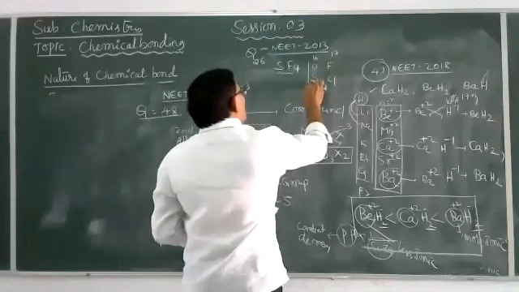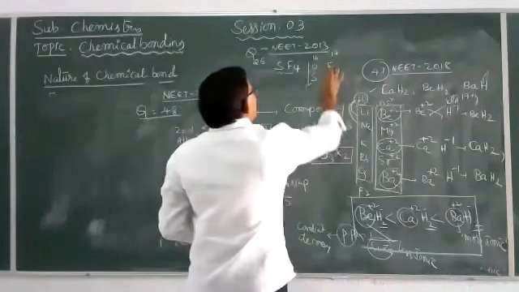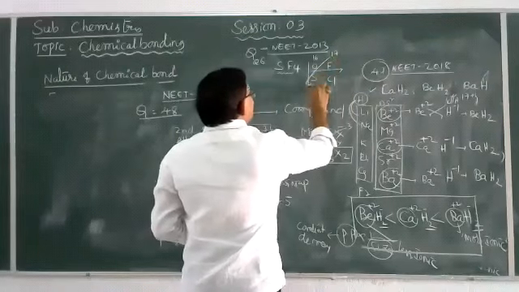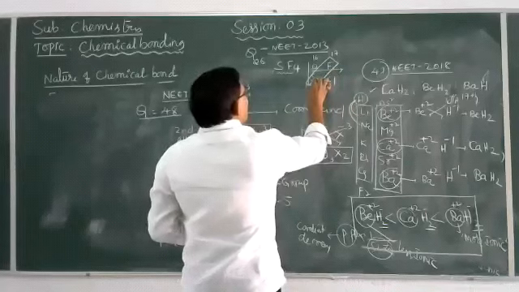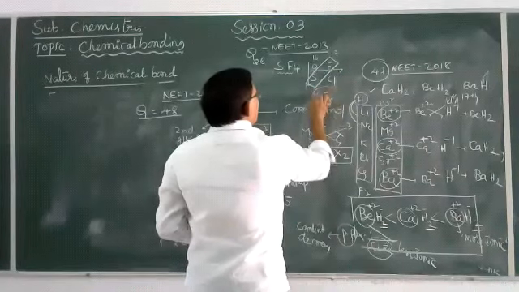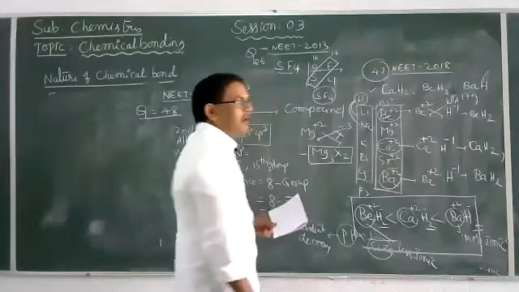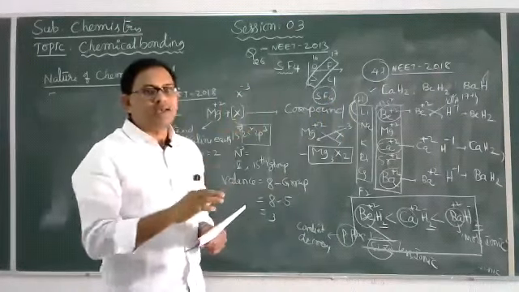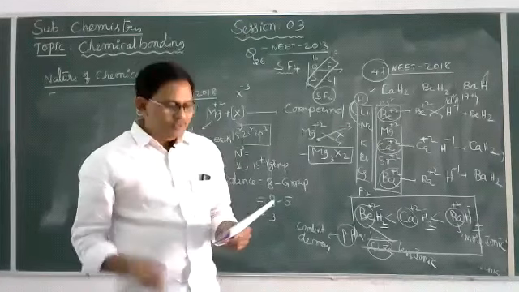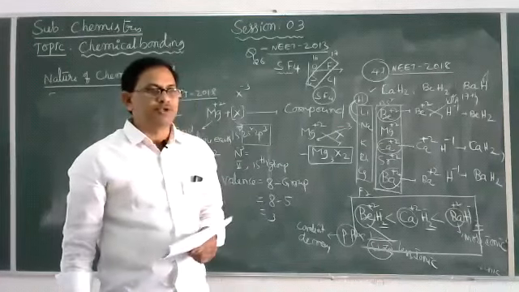Top to bottom electronegativity decreases and left to right electronegativity increases. The combination is between these two. Now around sulfur, four fluorine atoms are bonded. The electronegativity difference is more, that's why it is more covalent in nature, that is, polar in nature. So the answer is D option.